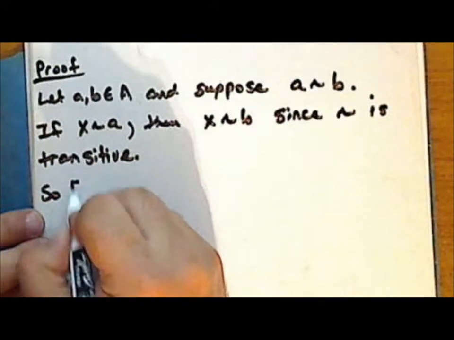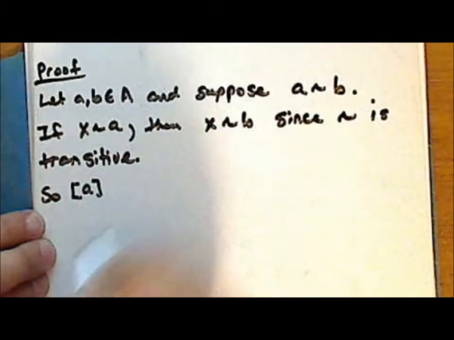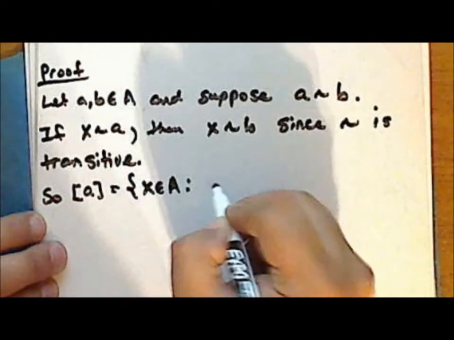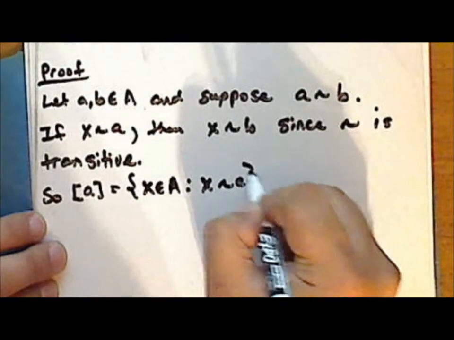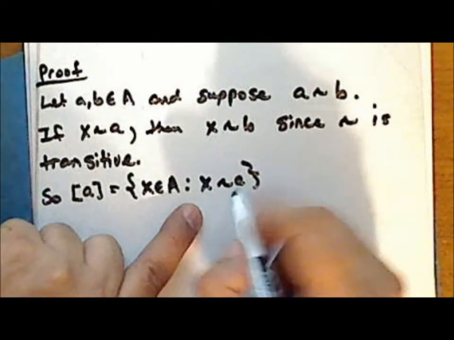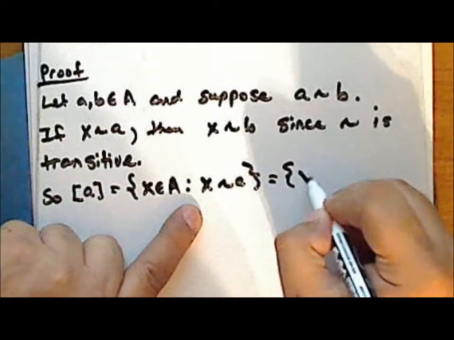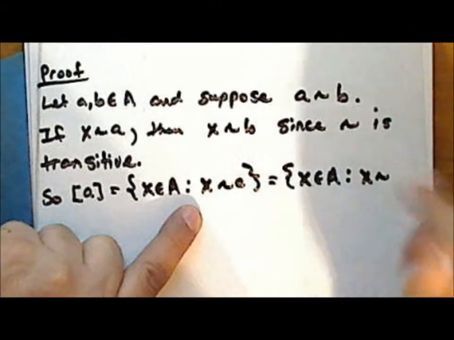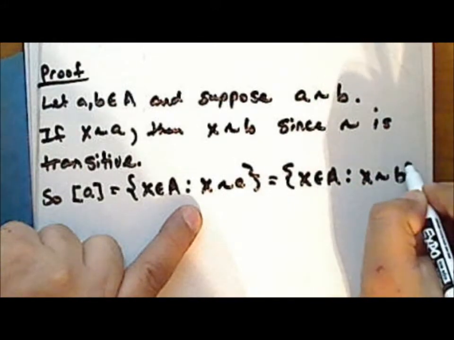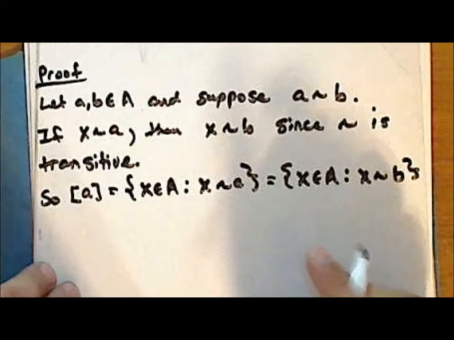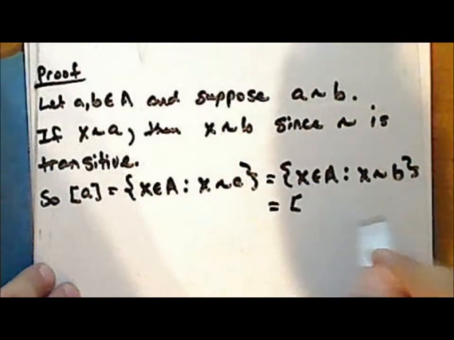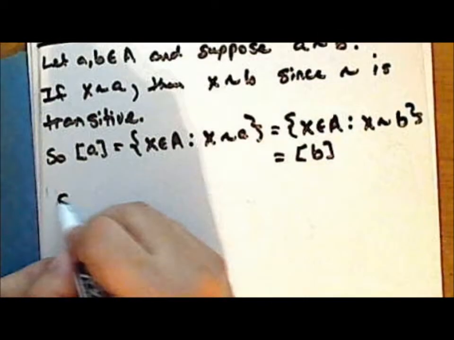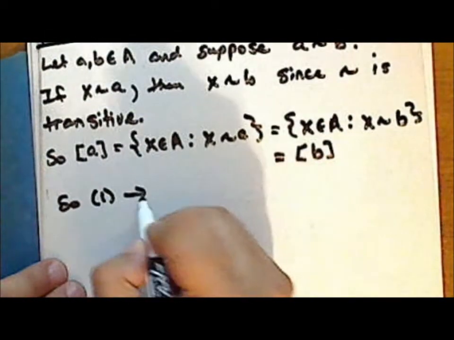So the equivalence class that contains the element a is the set of all elements x in the set A such that x is related to a. But we have just demonstrated that this is the same as x being related to b through the equivalence relation. And so this is the equivalence class containing the element b. So the first statement implies the second.